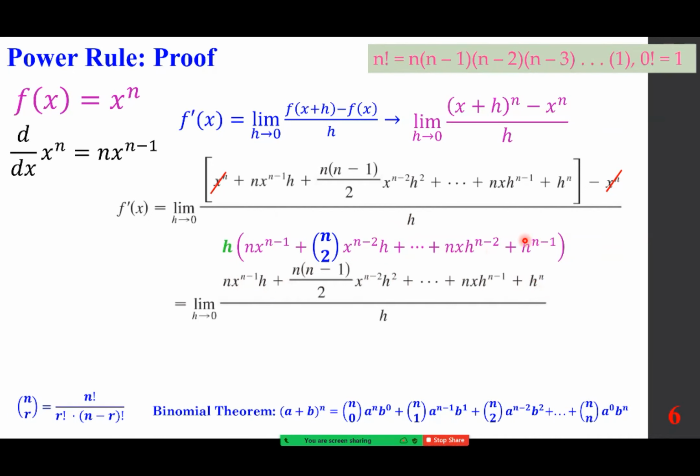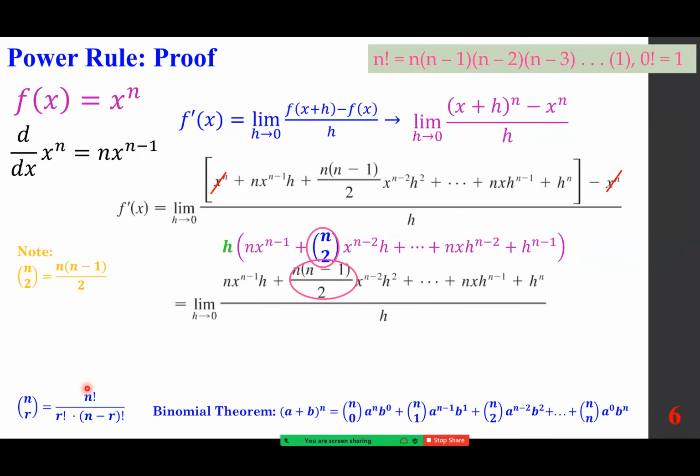You continue towards the end, from n minus 1, when we take the h out, it becomes n minus 2. From n it becomes n minus 1. So one h goes down. And I want you to notice that this notation is equal to this, and you can expand it following the combination formula to see that.